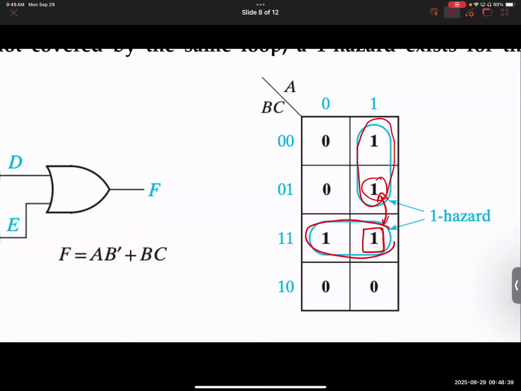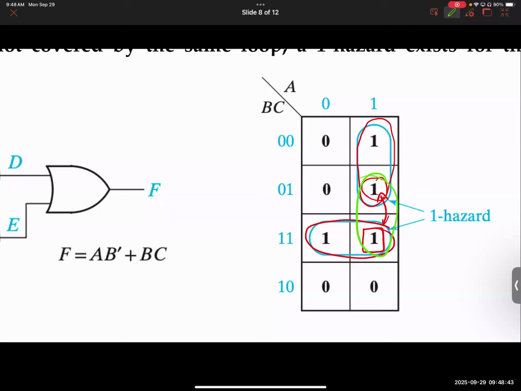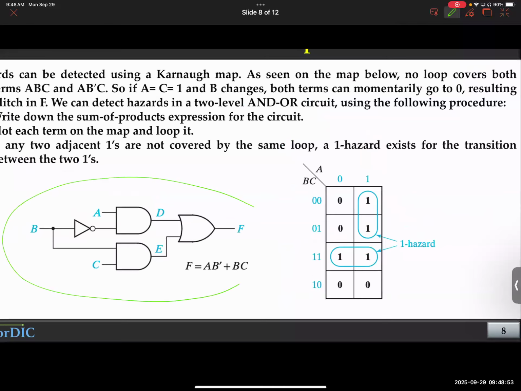It is grouped with another one. So these two neighbors are not grouped together, and this type of situation leads to a one hazard. People figured out how to represent this using K-map: wherever you have neighboring ones that are not covered under the same grouping.